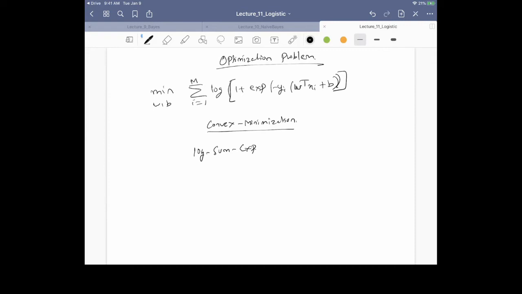So what this means is that we can optimize this using gradient descent. So we have the minimum over w comma b. Now we'll talk about gradient descent briefly.